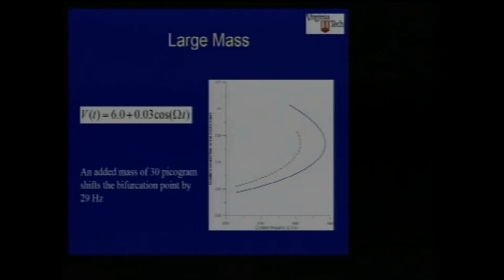So if I operate the system at this frequency and add 30 picograms, it's going to move the cyclic fold this way, and the system is going to jump to get out of it, which gives me the indication that you increased your mass by 30 picograms.